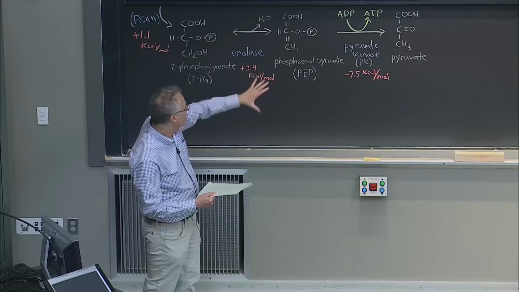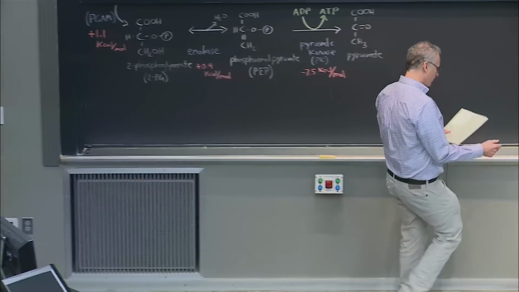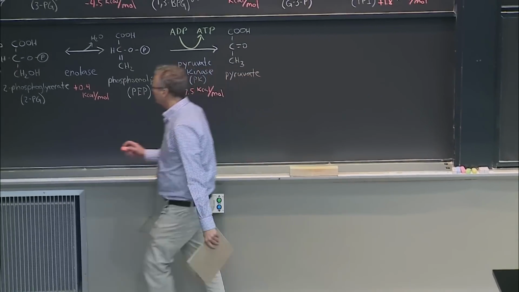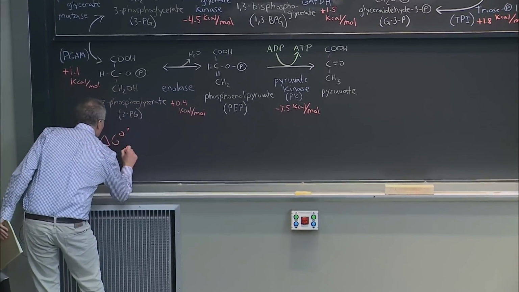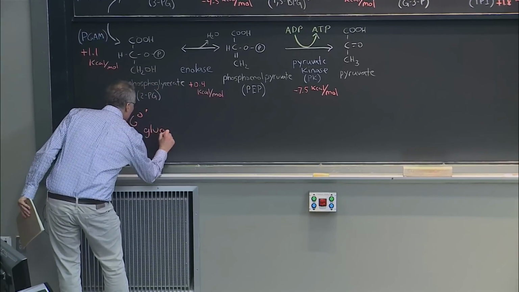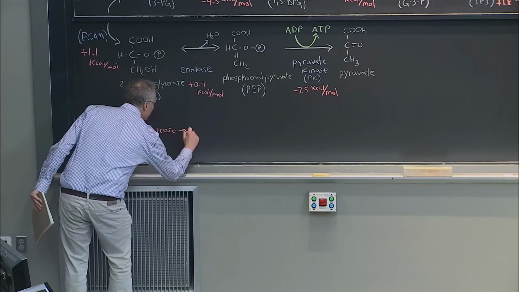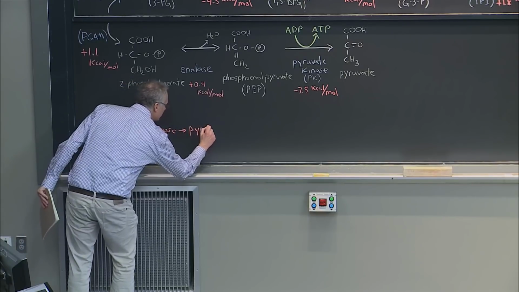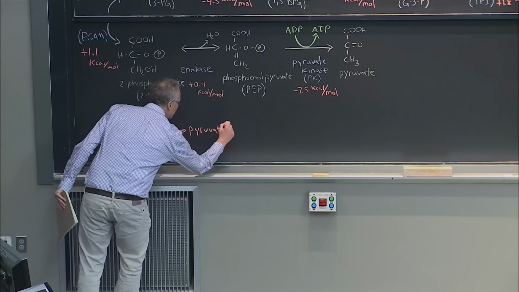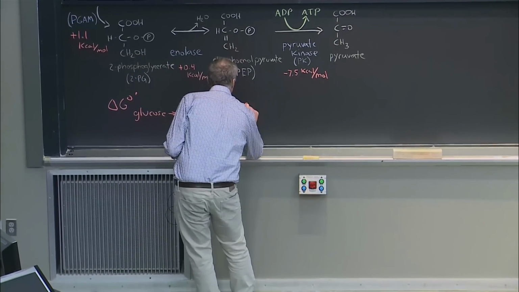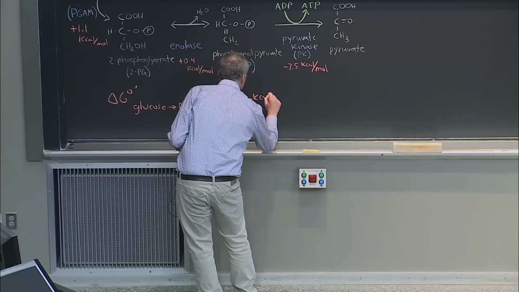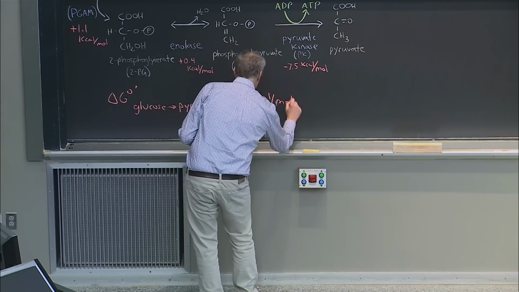However, if you add all of these up, the delta G naught prime for the entire pathway, glucose to pyruvate, adds up to negative 6.9 kcals per mole.